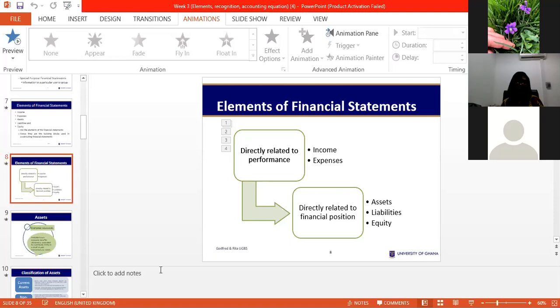So performance has a direct impact on your position. And in order to determine your financial position, you would have to pick information from assets, liabilities, and equity. What then is your financial position? Like I mentioned, position first, second, third, fourth.